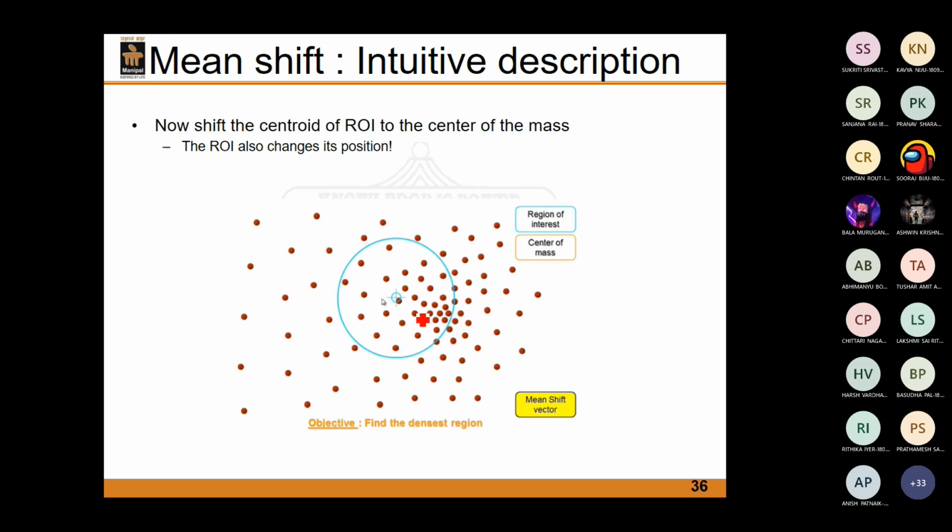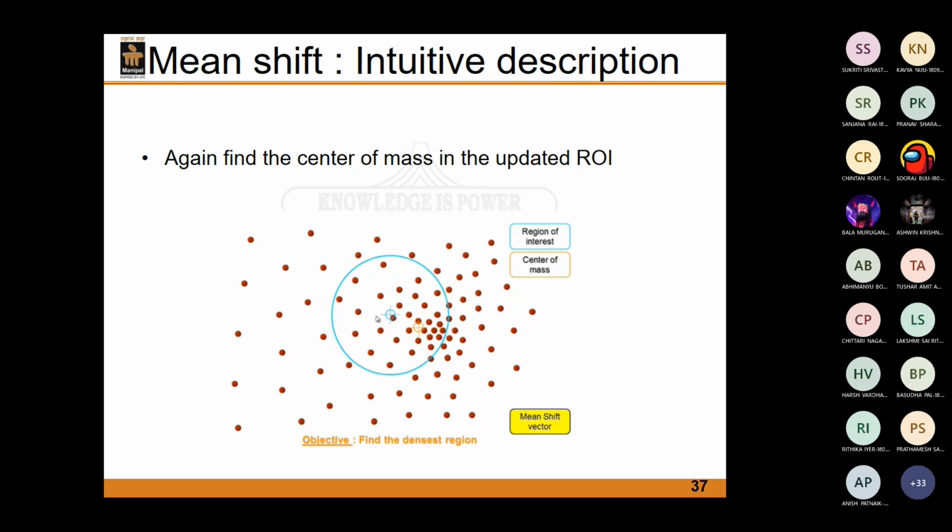So the center of mass would be identified here. In the second iteration, you have again found the center of mass, and from there you can find the mean shift vector, which shows the direction in which it has moved.